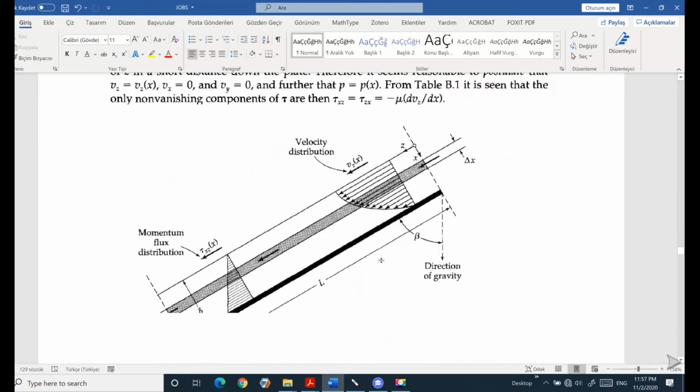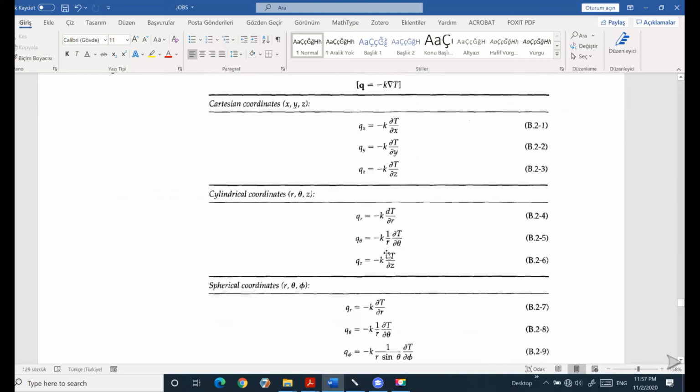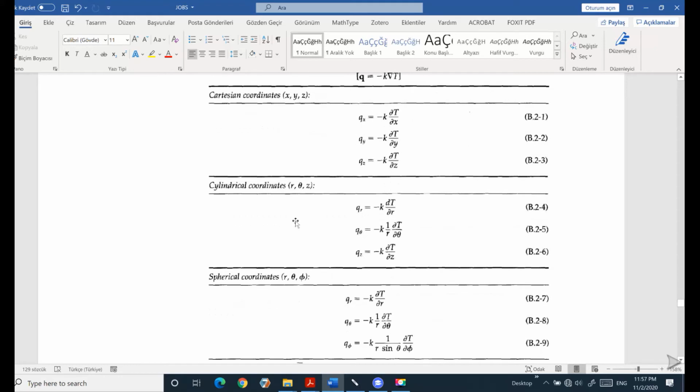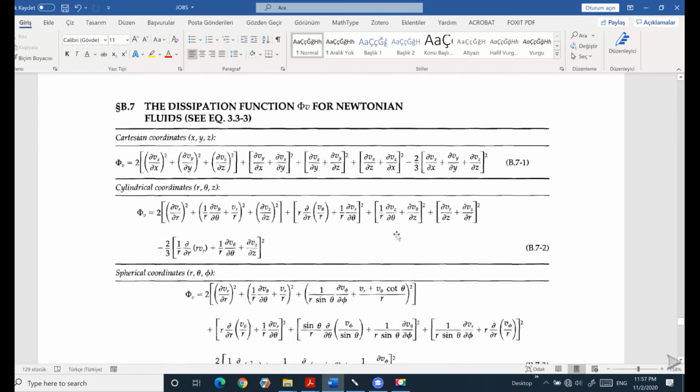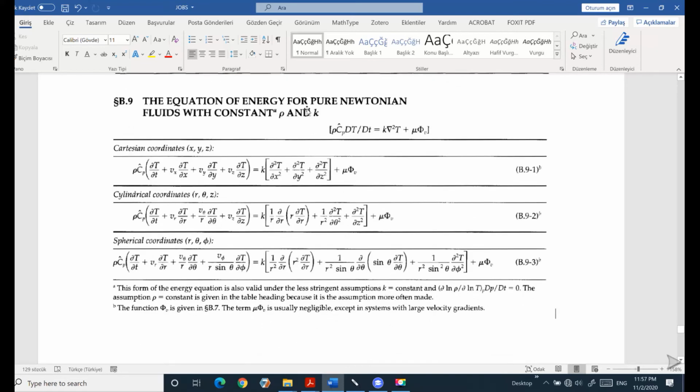Okay. In a similar manner, if we go to appendix B, the table for the energy, the heat flux in cylindrical coordinates can be represented by these formulas. For the equation of energy for a pure Newtonian fluid with constant rho and k, this is expressed for our problem. In our problem, our viscosity, rho, and k are constant.